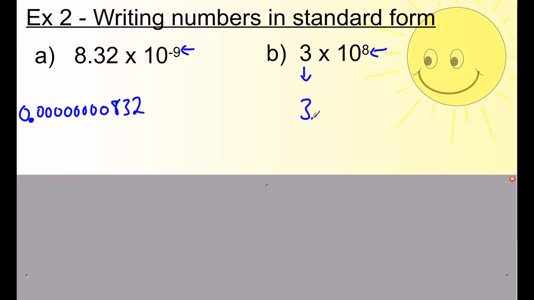So there's my decimal. 1, 2, 3, 4, 5, 6, 7, 8. 0, 0, 0, 0, 0, 0, 0, 0. Clean it up a little bit, and maybe even a little bit more. Start throwing some commas in there. So that gives me 300 million is my number in standard form.